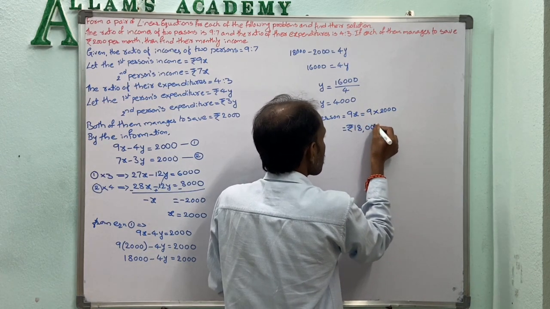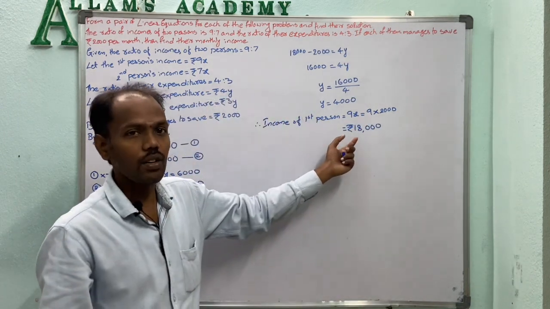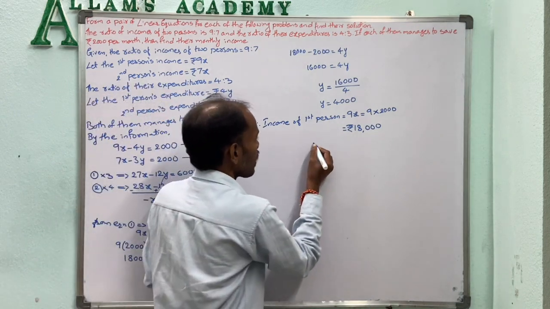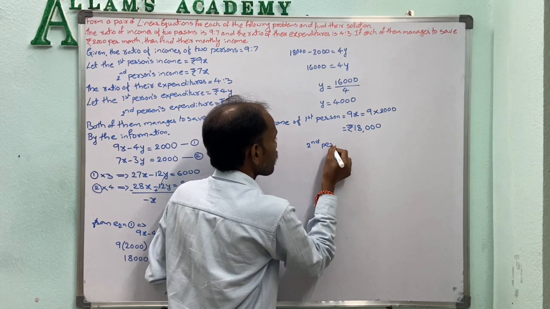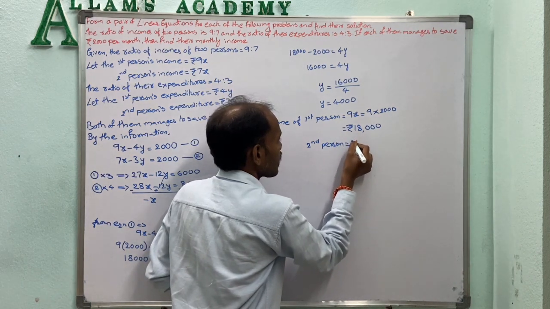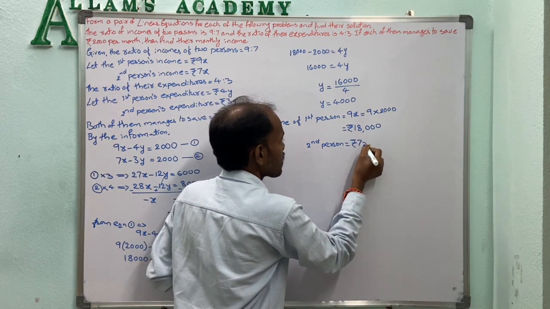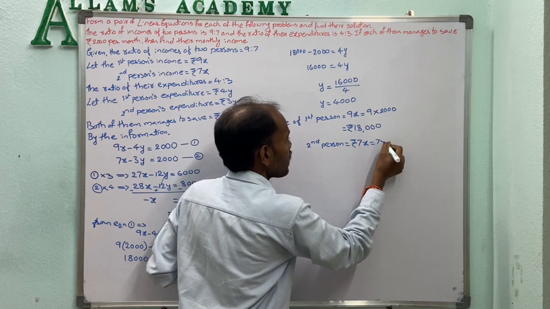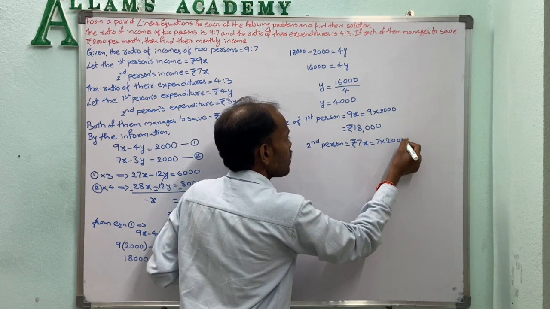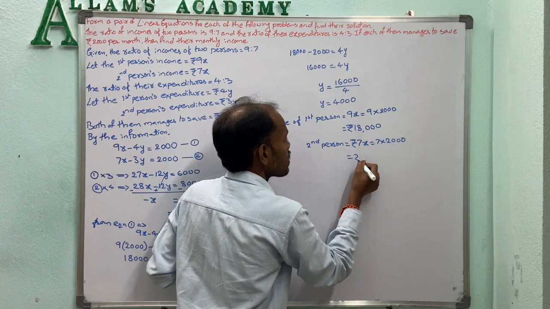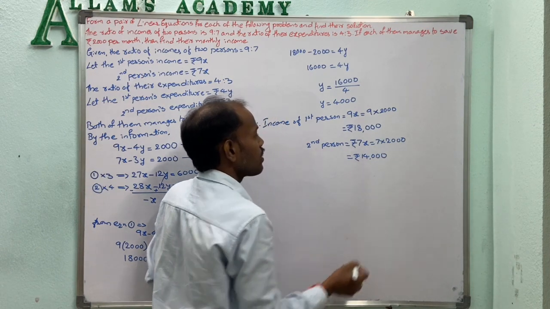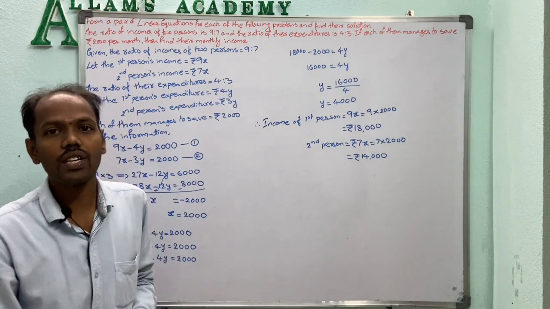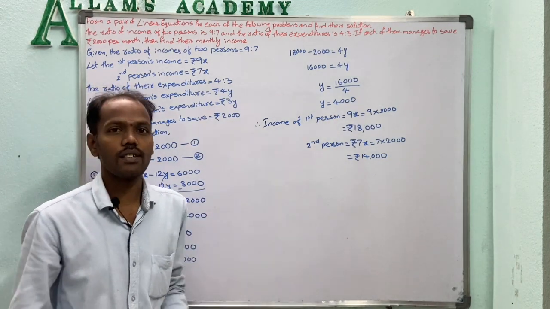So the first person's income is 18,000 rupees. Now finding the second person's income, that is nothing but 7x. So 7 into 2000 is 14,000. So the second person's income is 14,000 rupees.